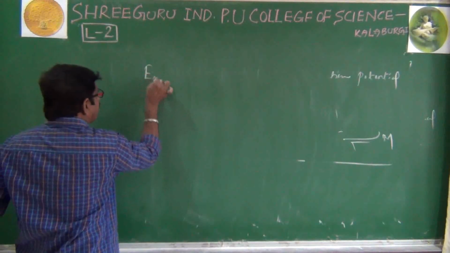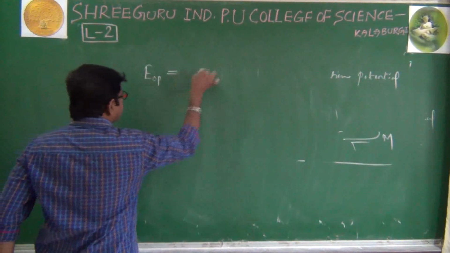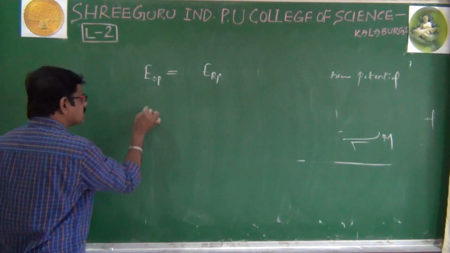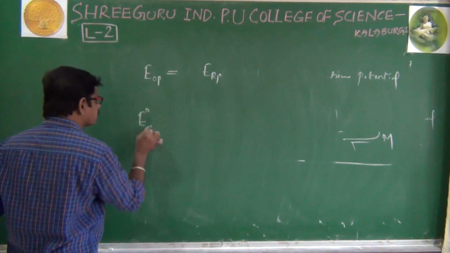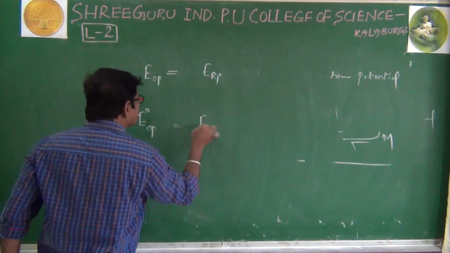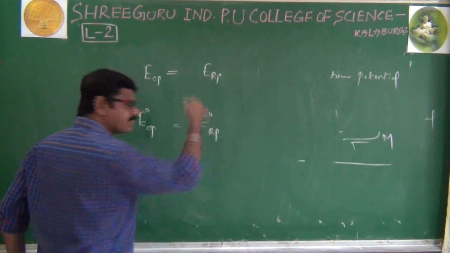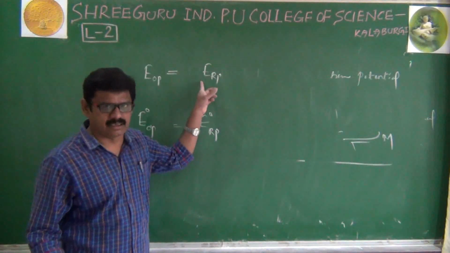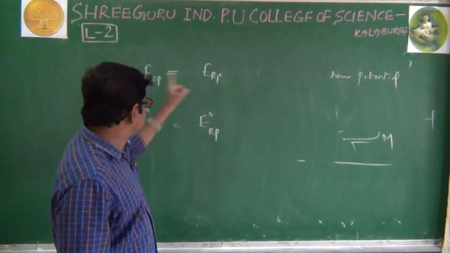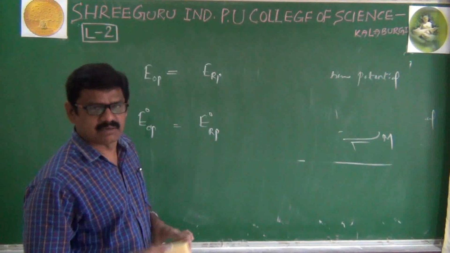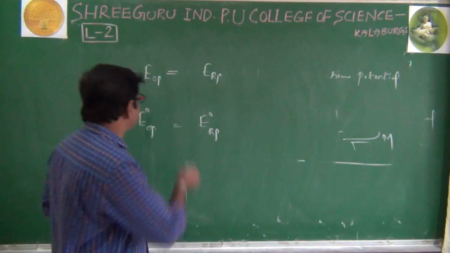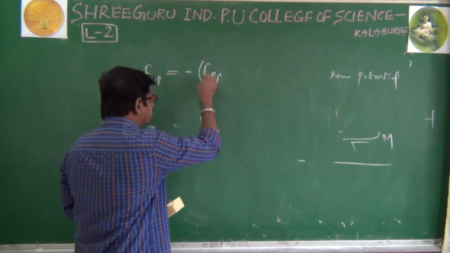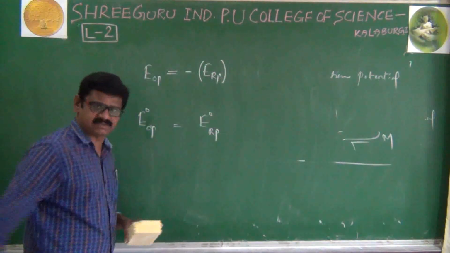E oxidation potential and E reduction potential, and E naught oxidation potential and E naught reduction potential. If you observe the relation between these two potentials, very simple, their quantities are the same but the sign is different. Suppose oxidation potential is positive, then reduction potential should be minus, that's it.